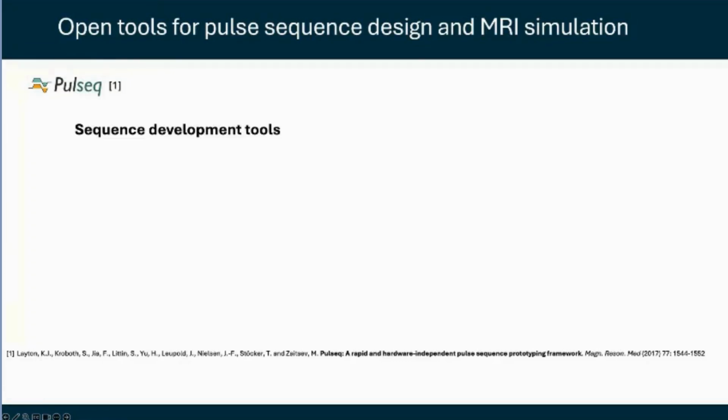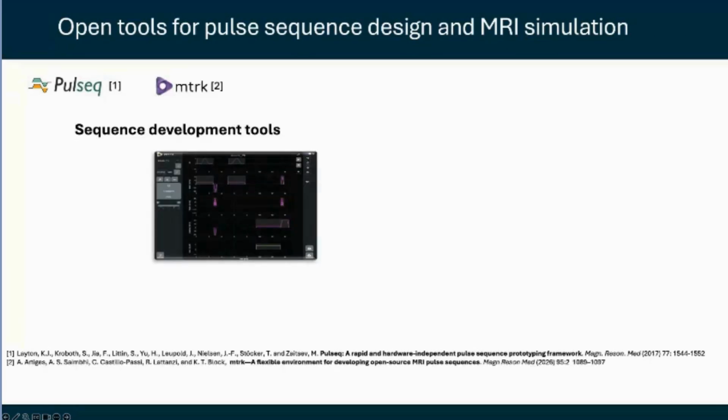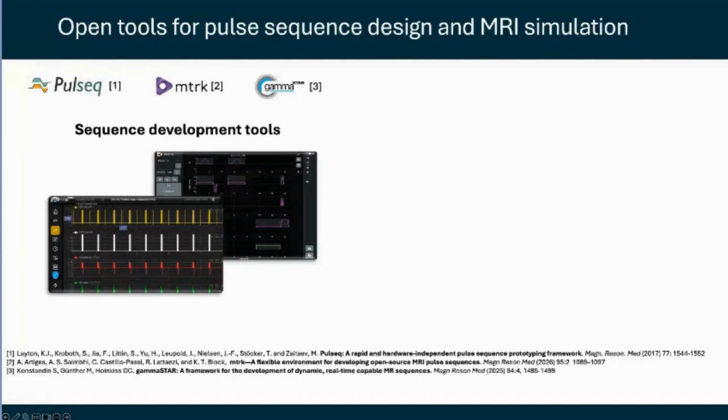The most relevant and recent nowadays, which have been presented here, are MRTrak, which I've learned today is pronounced MRTrak, which has a very intuitive graphical interface, and GammaStar, which actually runs as a web application.